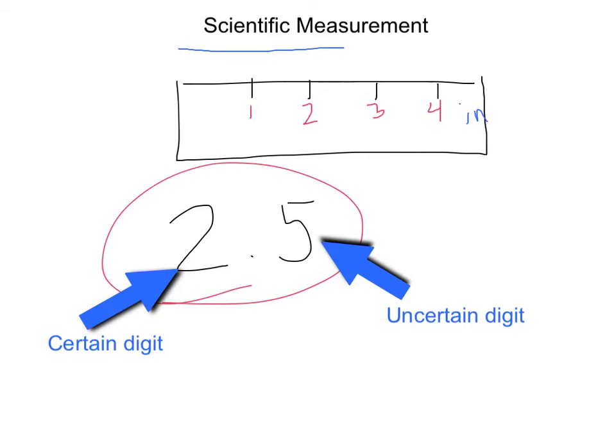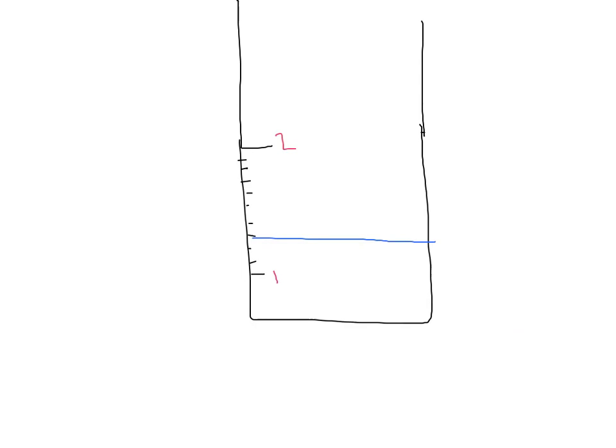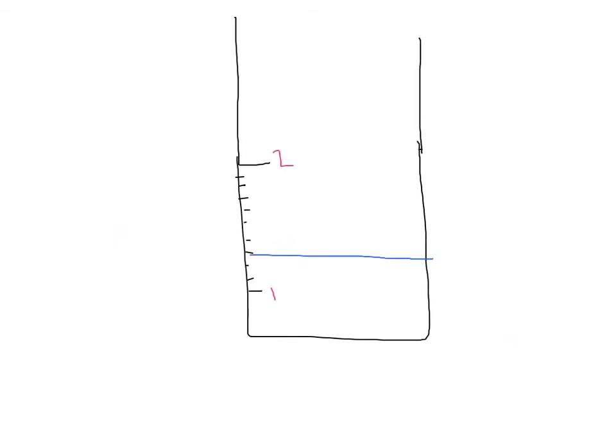Let's try another example. Here we've got a graduated cylinder, and we're measuring the level of some liquid in the cylinder. First step, let's write down our certain digit. If we look at the water level, it's clearly between 1 over here and 2 up here. So we can say for certain that it's 1 point something.